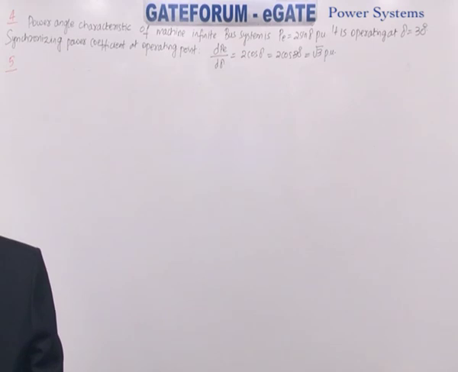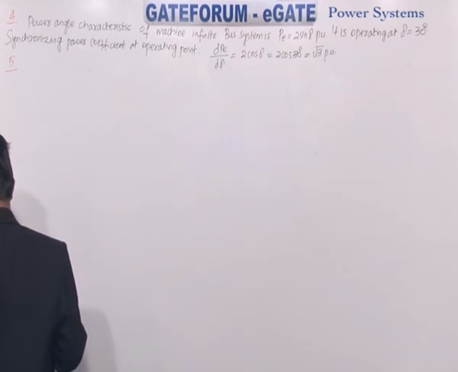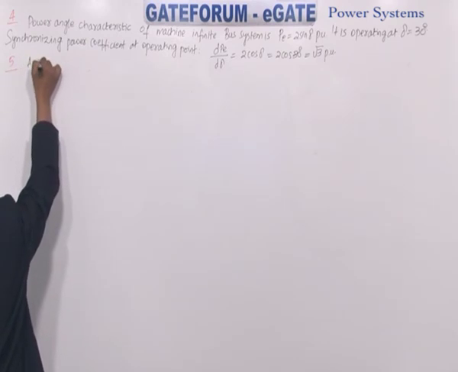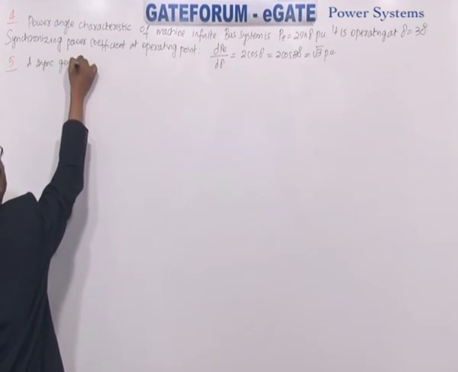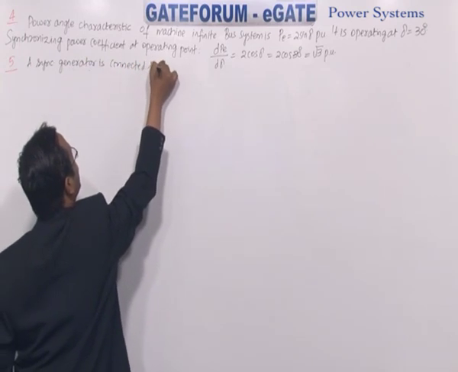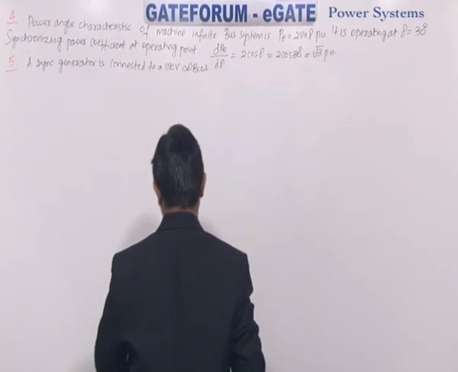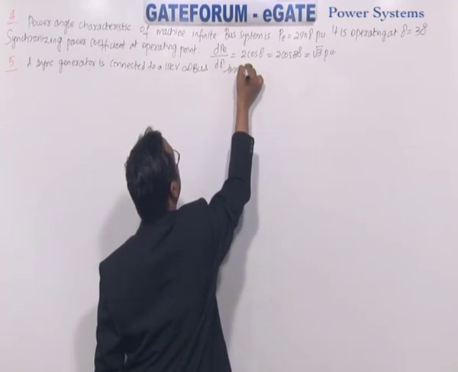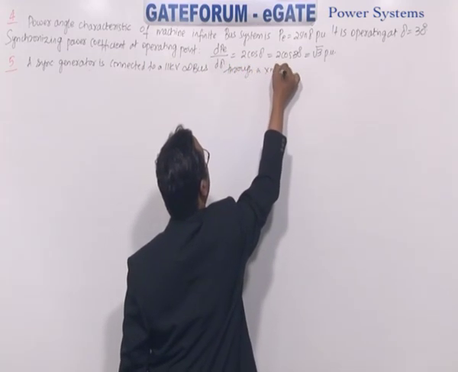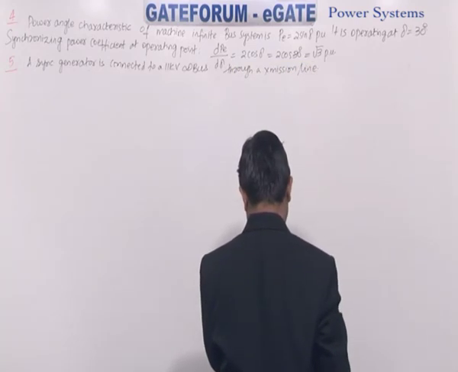Now we solve this next question. A synchronous generator is connected to a 11 kV infinite bus through a transmission line.